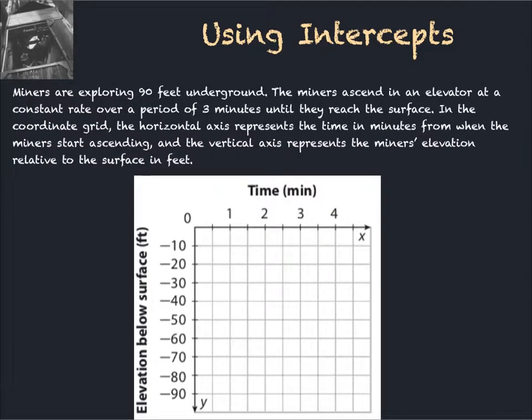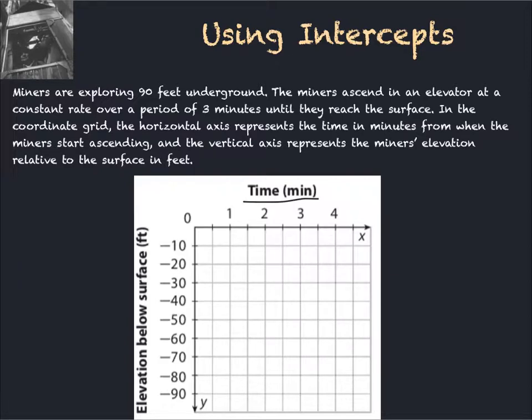Okay, so the first question asks what point represents a miner's elevation at the beginning of the ascent, and then it asks to plot this point. Well, if you read the question, it said that the miners started their ascent at 90 feet underground. Because that's where they started, that means time would be 0. They had just started, no time has gone by, so time is going to be 0. And time in this coordinate plane is represented by the x-axis.